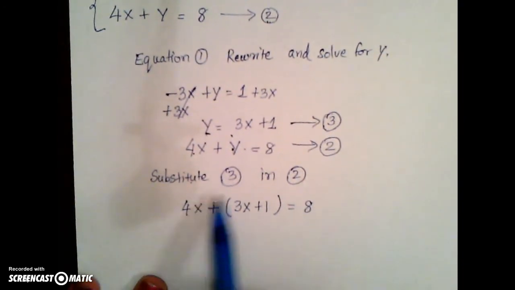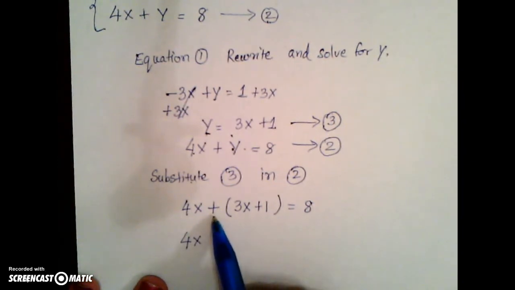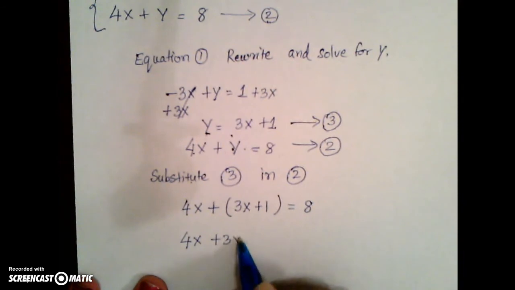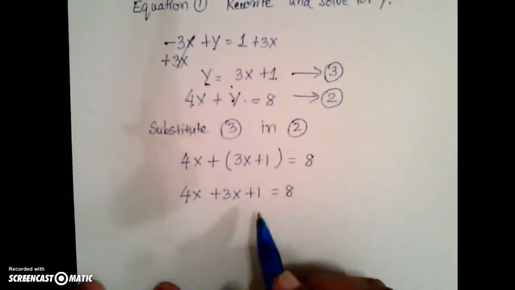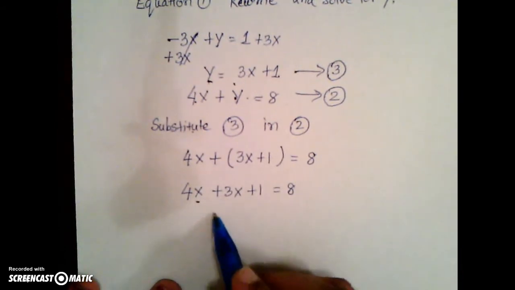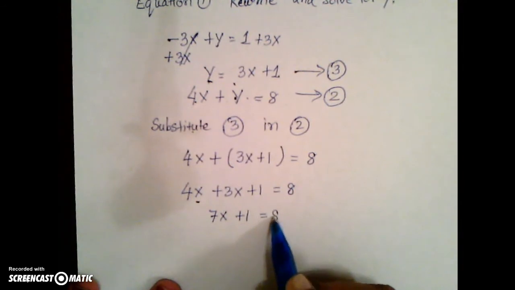Now I want to simplify this equation. 4x, this is just a positive sign that I'm distributing. So this will be plus 3x plus 1 equal to 8. So I have 4x plus 3x is 7x plus 1 equal to 8.